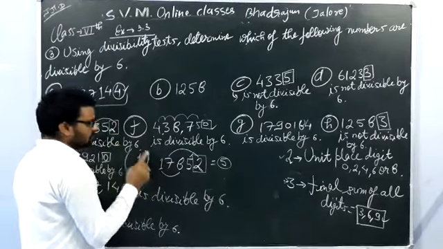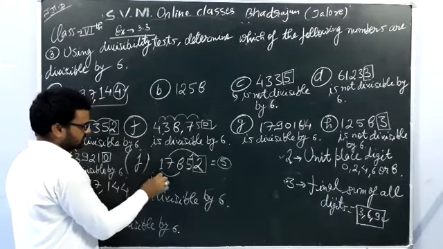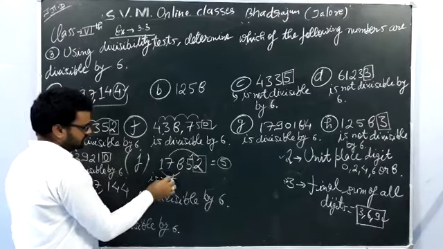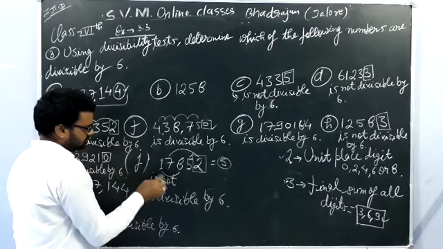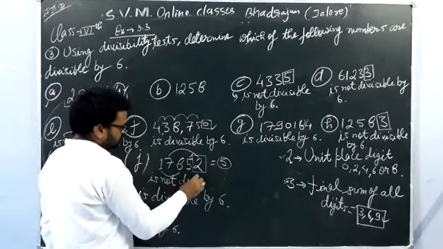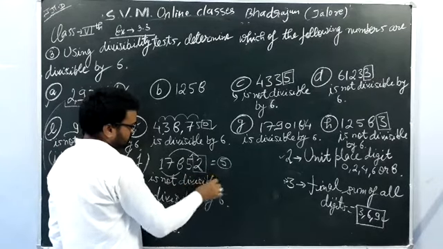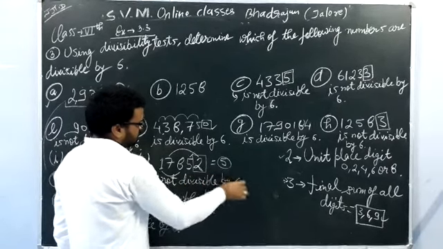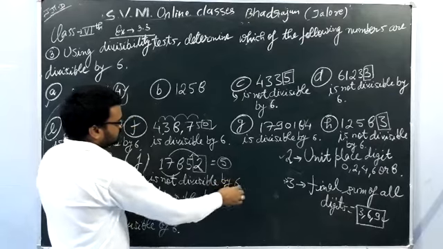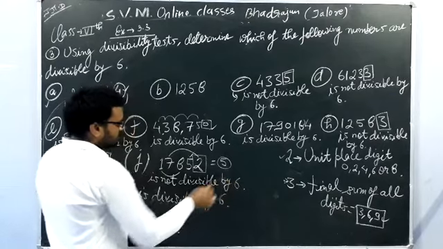So the number will not be divisible by 6. So the number is not divisible by 6.